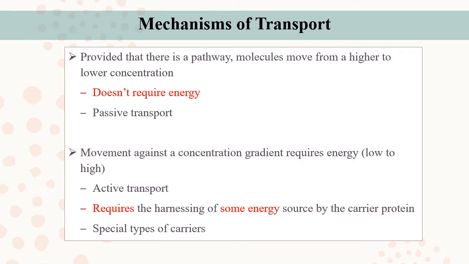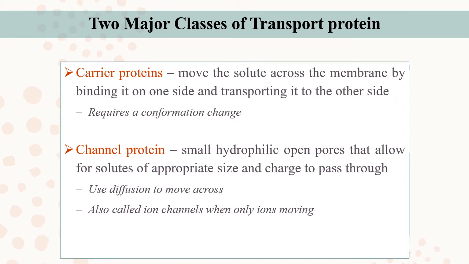To accomplish active transport, there are some special types of carriers present at the plasma membrane. In the plasma membrane, there are two major classes of transport protein. One is carrier protein and another one is channel protein.